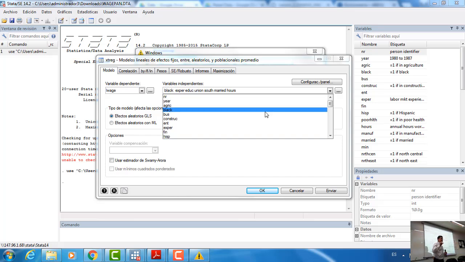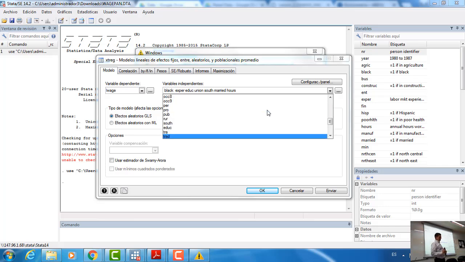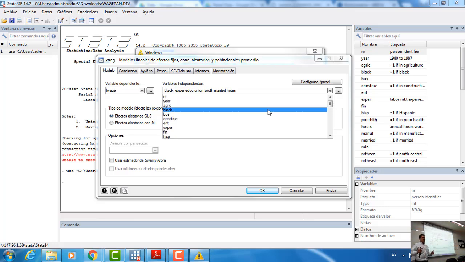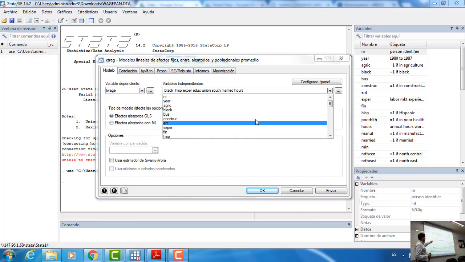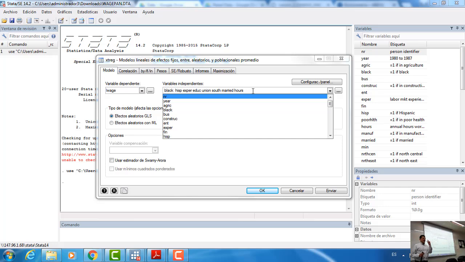Now, your salary per hour is going to be lower the more hours you work. No, it is the number of hours of work per year, and the salary we are talking about is salary per hour, and L wage is the logarithm of the salary per hour.